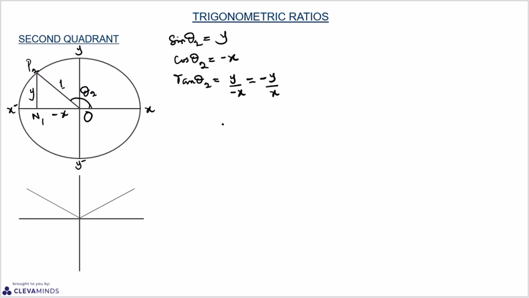Good. So if you look at this second figure, one thing we can observe is that this theta 2, remember this is our P2, and this was our P1 in the first quadrant.